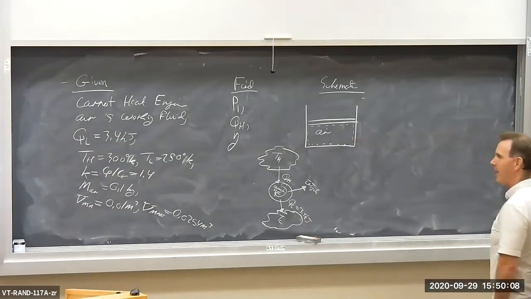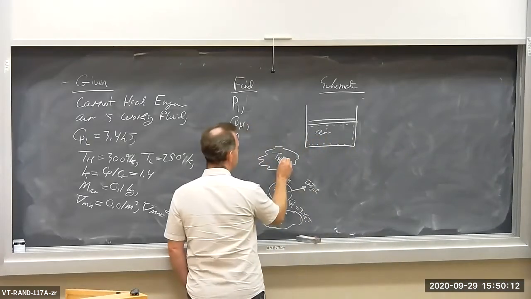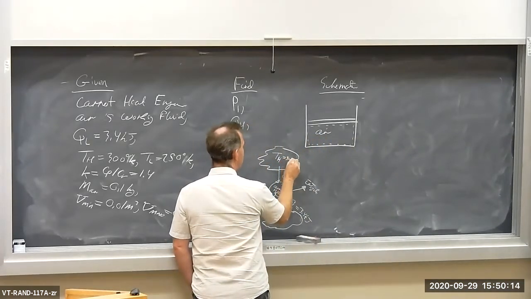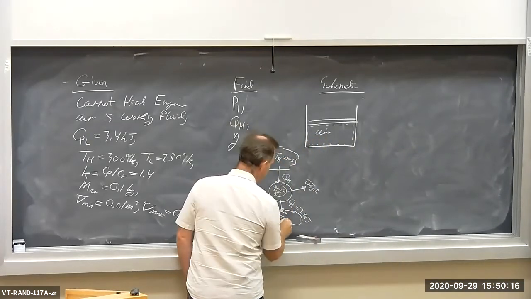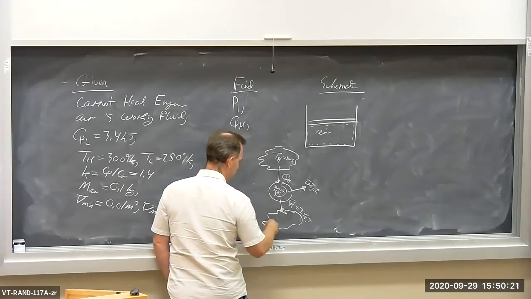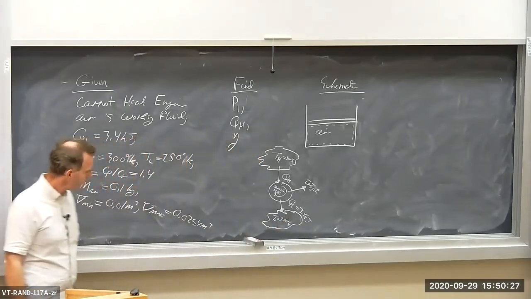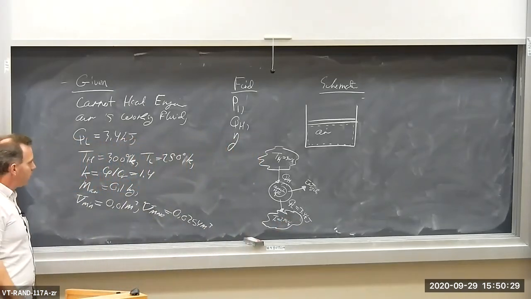The low and high temperature reservoir temperatures are 300 and 250 degrees K. So this is 300 degrees Kelvin, and this is 250 degrees Kelvin. So T low, 250 degrees Kelvin, okay? The ratio of specific heats is going to be constant.